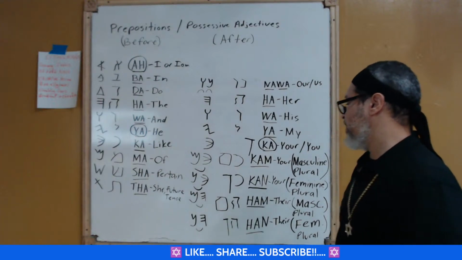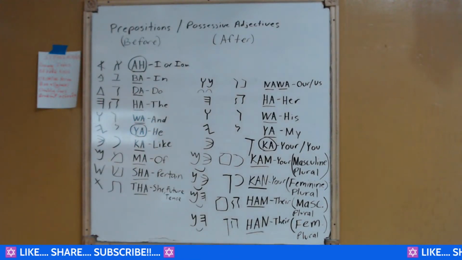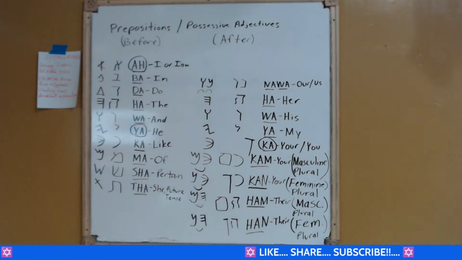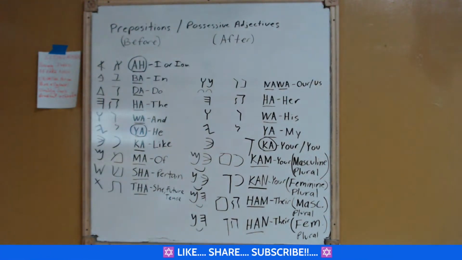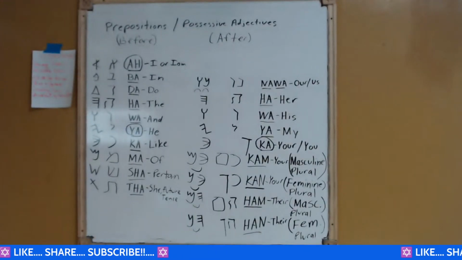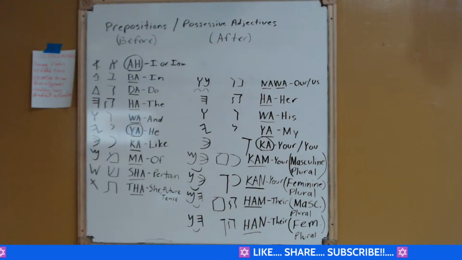Okay, so this is appearing now at the end. And I'm going to take a new picture. So you saw the before and the after. And these are things that you need to pay close attention to when learning the Assyrian.